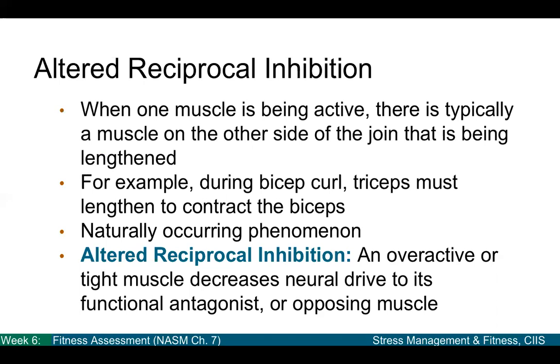So again, when one muscle is being active, there's typically a muscle on the other side of the joint that is being lengthened, so that is just what happens, right? For example, during a bicep curl, triceps must lengthen to contract the biceps. So if you can't lengthen your tricep, you can't curl your bicep.